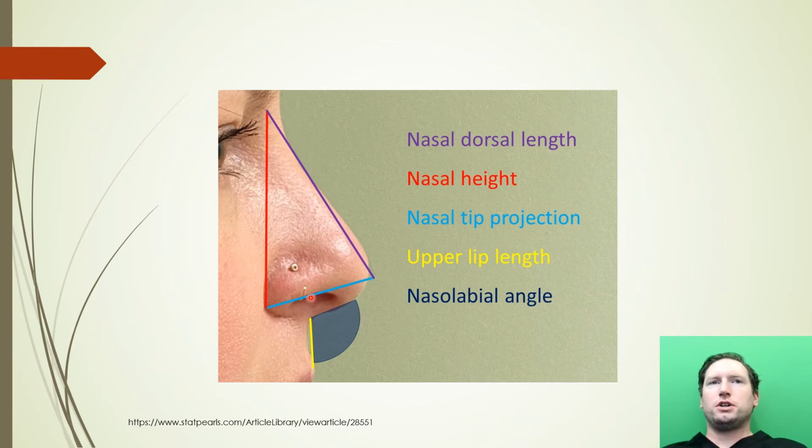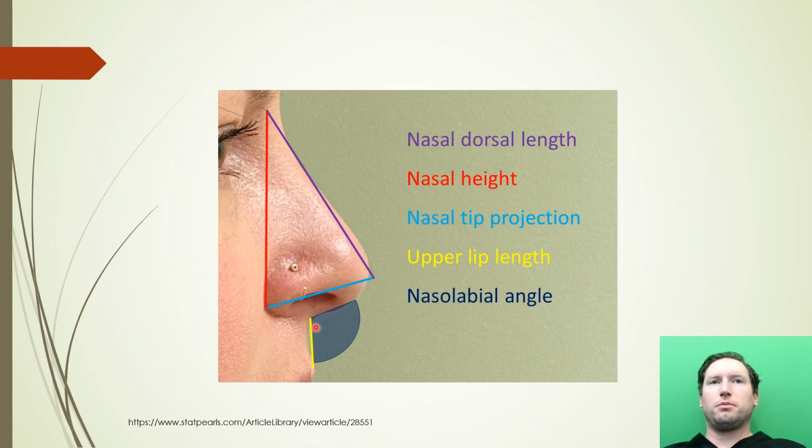Nasal tip projection is the point from where the nasal alar sulcus is to the tip defining point, or the point that comes furthest out from your face. Some physicians will end up quoting about 55 to 65% of the nasal length is what your projection should be. So if you imagine putting that line along this line, about 2/3 of it is considered normal projection. I think that varies drastically based on what the patient wants and what the patient starts with.